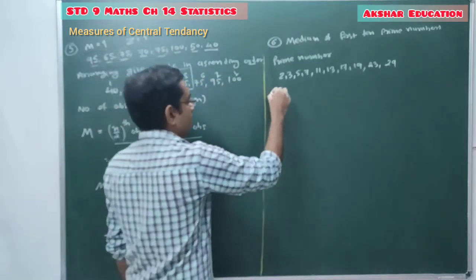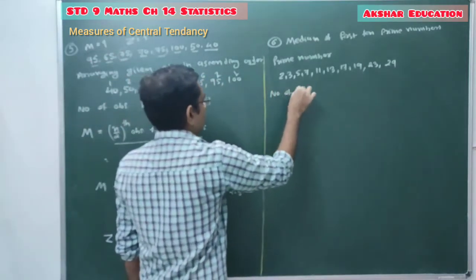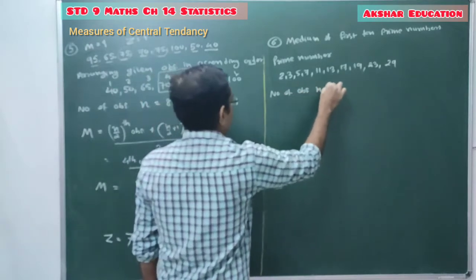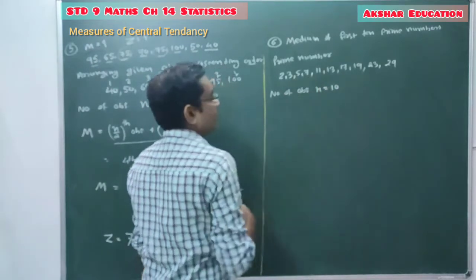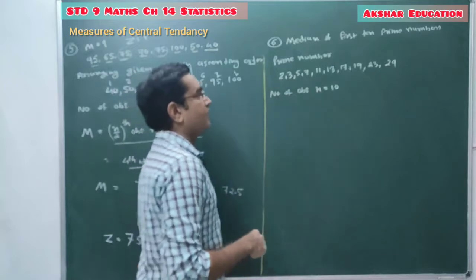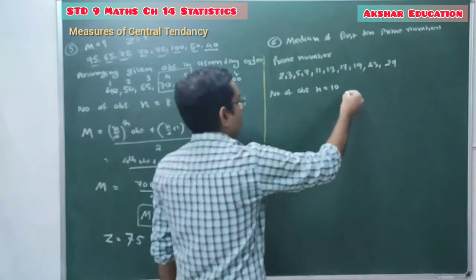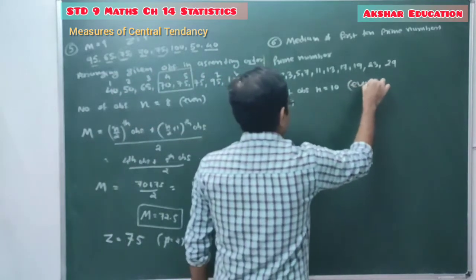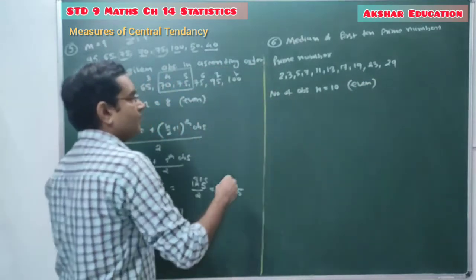So the number of observations n is equal to 10, and they are already in ascending order, since we started from the beginning. So the number of prime numbers is 10, which is even. So what is the median?